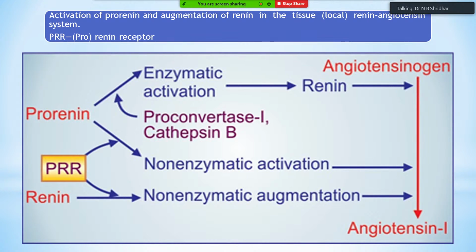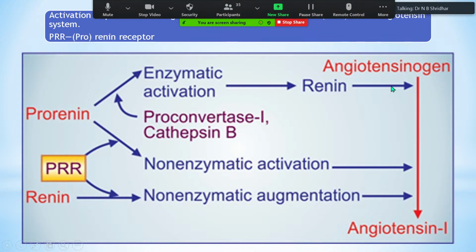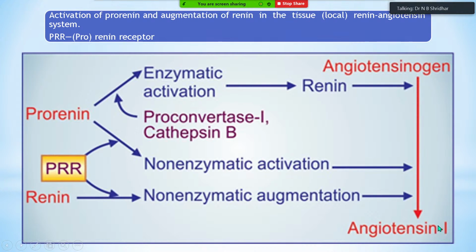Prorenin is converted to renin, and vice versa, and the enzymatic activation of prorenin is going to yield renin, and renin is going to convert angiotensinogen to angiotensin 1, whereas the non-enzymatic action also converts angiotensinogen to angiotensin 1.